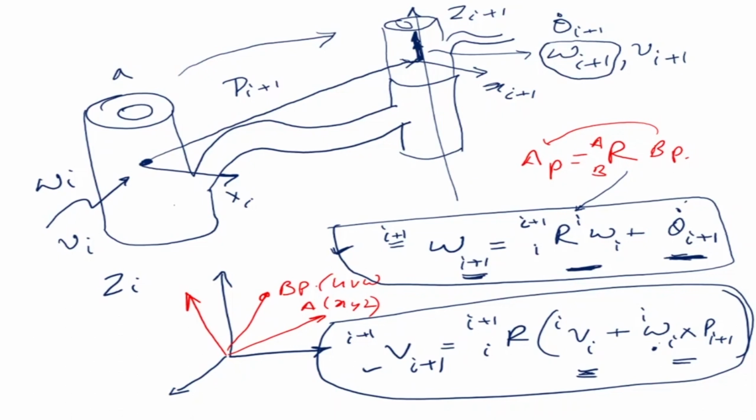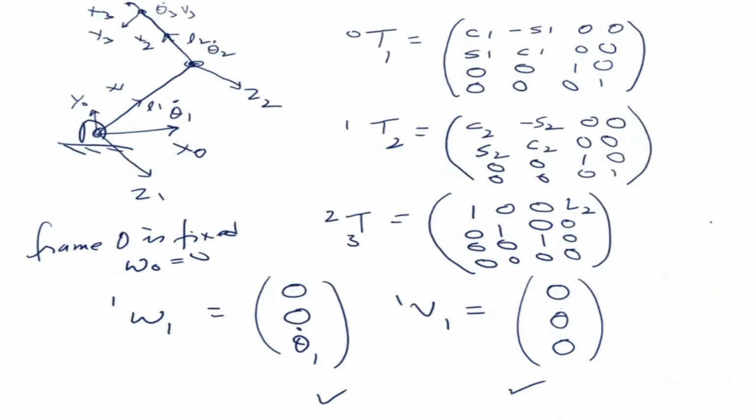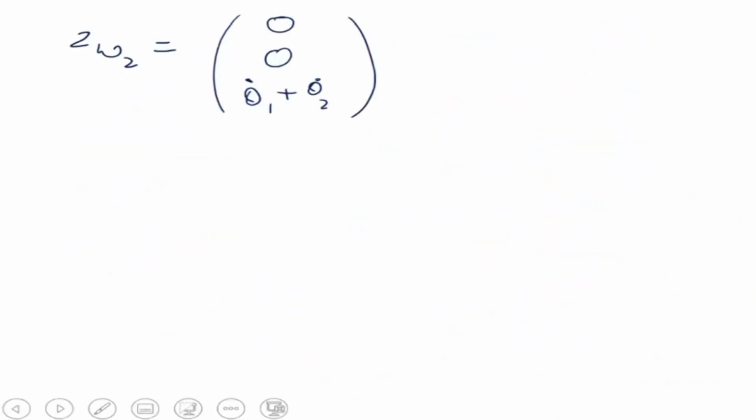Now something to note here, what happened to r? Because the angular velocity is about the z-axis in both cases, both of them can be added, and there is no rotation matrix between them. They are both rotating about the z-axis only. So that is why we don't put a rotation matrix there.